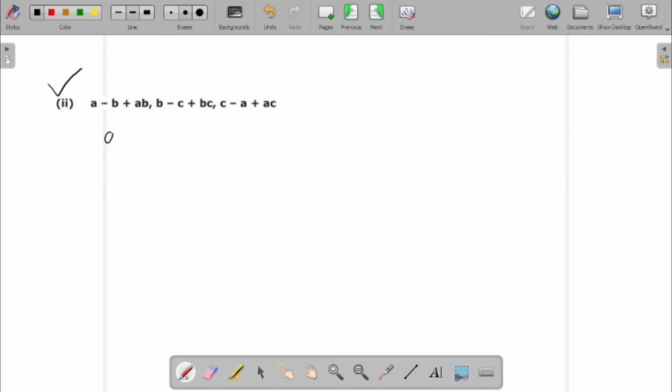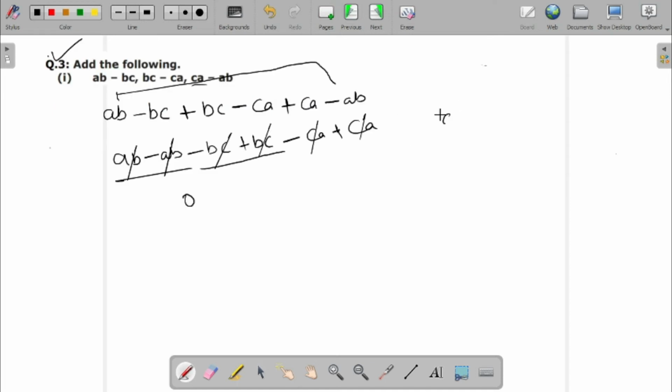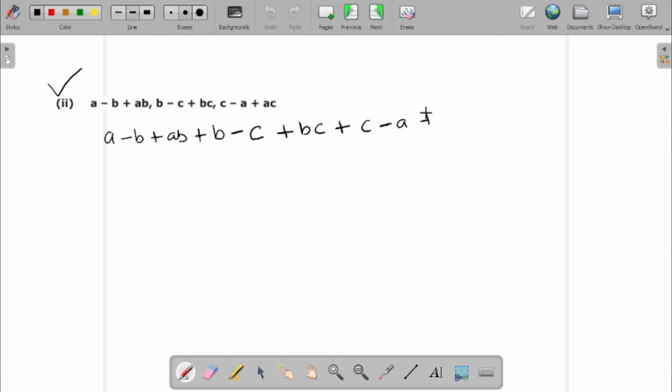Again we write them as A minus B plus AB plus B minus C plus BC plus C minus A plus AC.